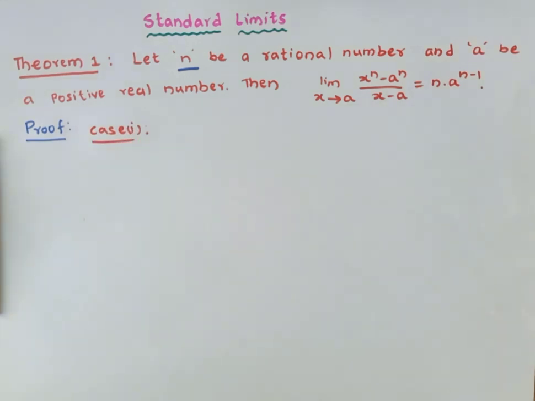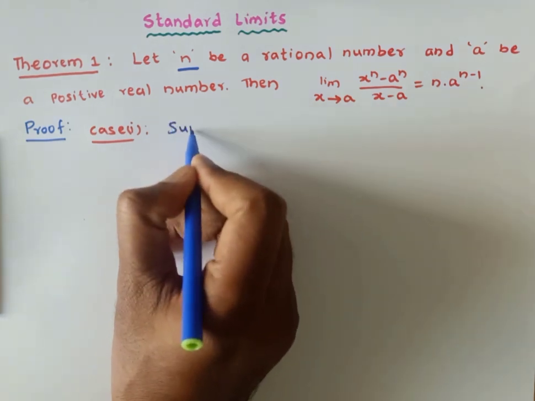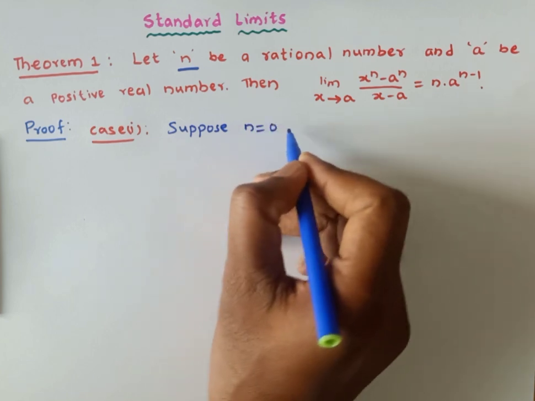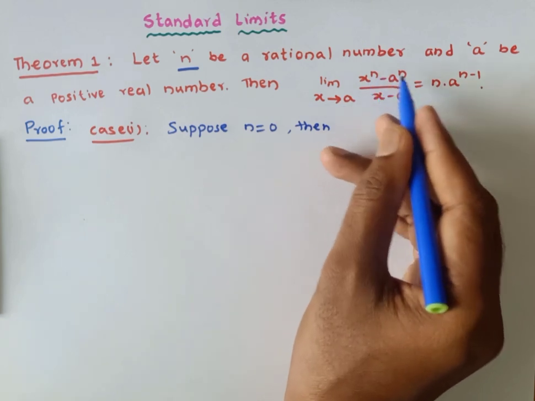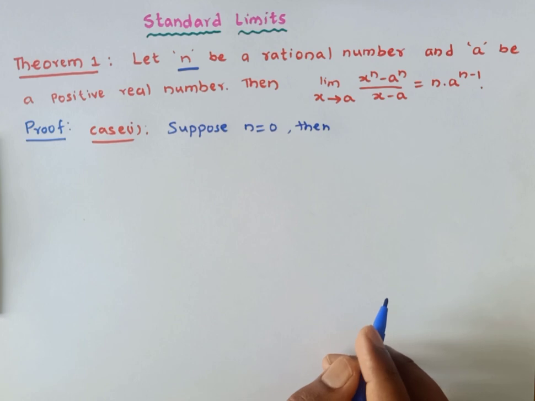Case 1. Suppose n equals 0. Then what you have to show? The limit as x tends to a of (x to the power of n minus a to the power of n) by (x minus a) is again n into a to the power of n minus 1.